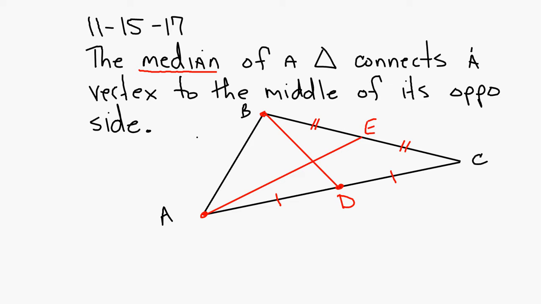Median, like the thing that goes down the middle of a road, a median connects a vertex to the middle of its opposite side. Where the medians meet, that is called the centroid. That's right there.